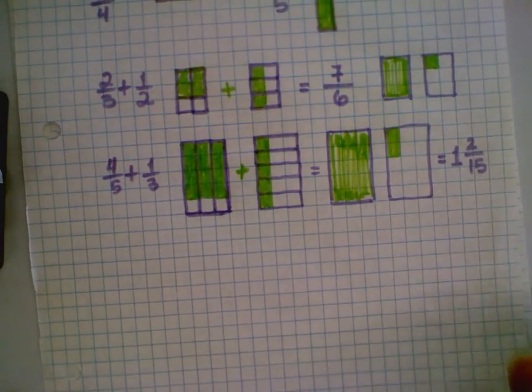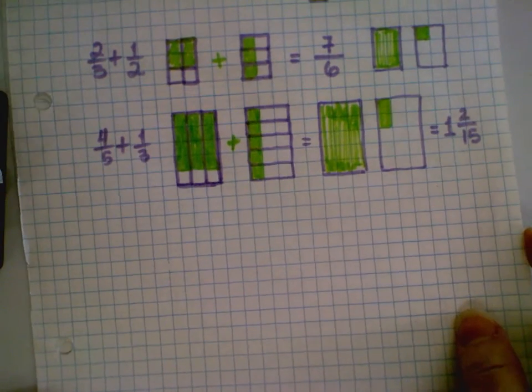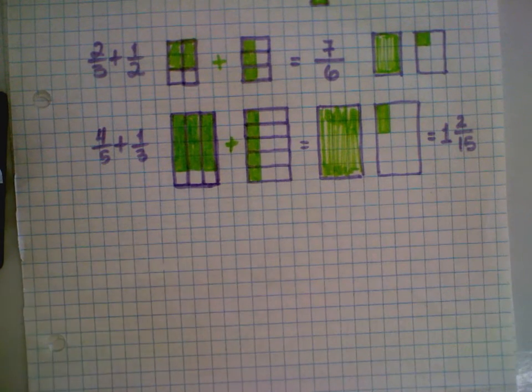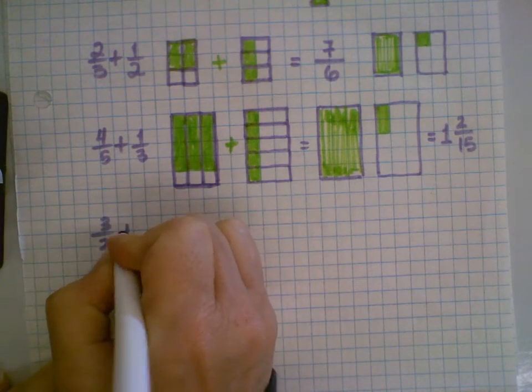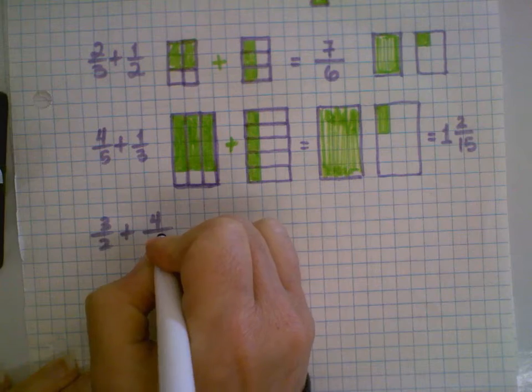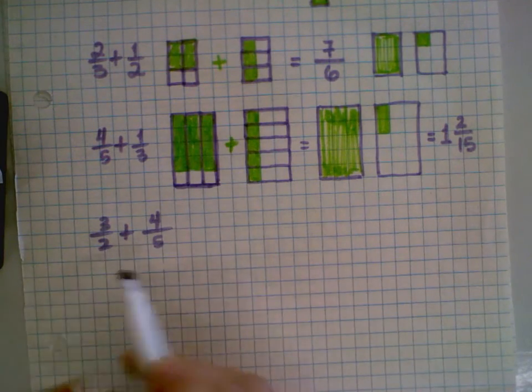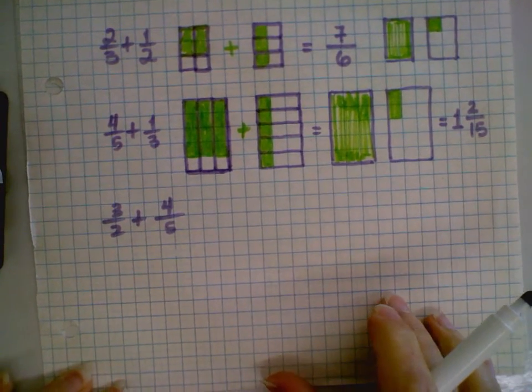Okay, another question that right away students, once they've been practicing a little bit, they'll say, what happens if the numerator is bigger? What happens if we have something like 3/2 plus 4/5? So I've got an improper fraction to start with. Not a problem.